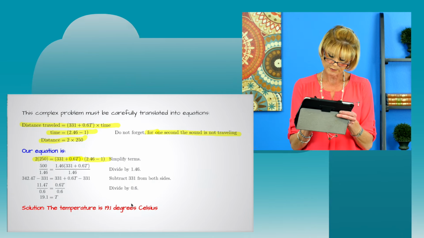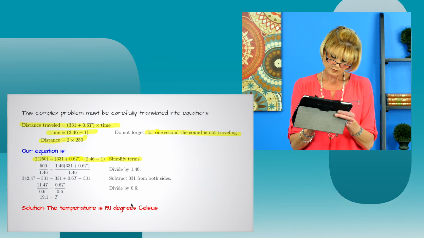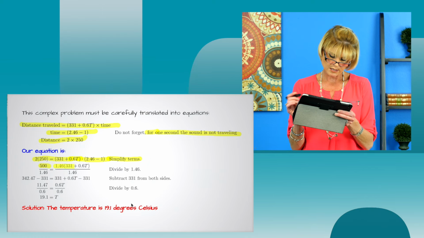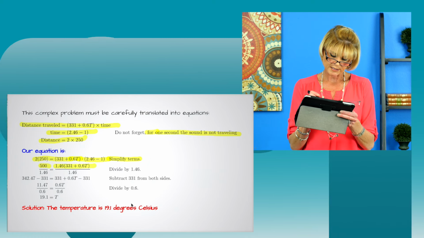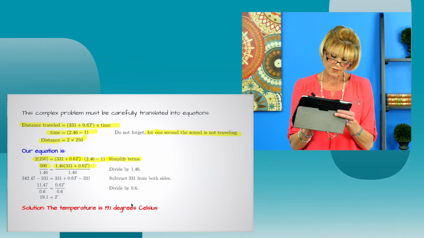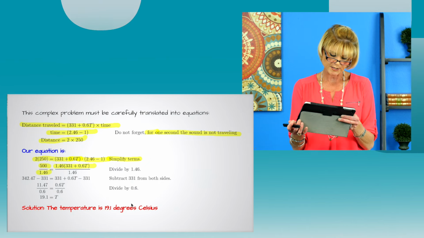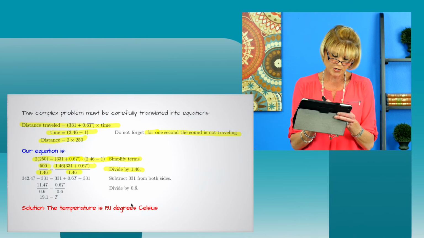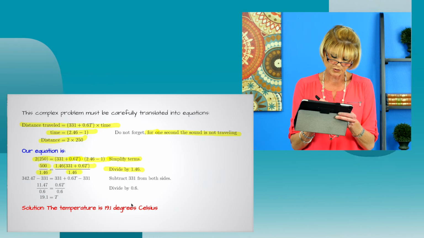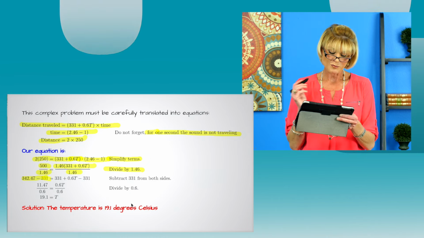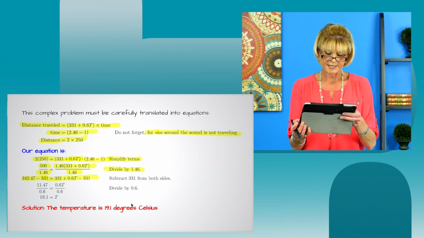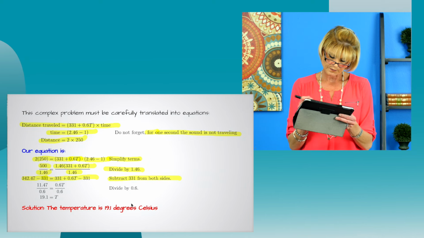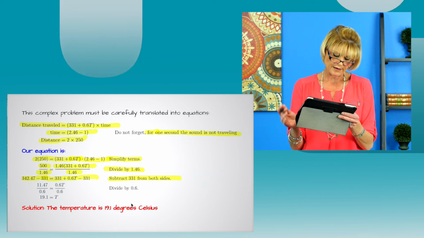Then we simplify our terms, and we get 500 equals 1.46 times (331 plus 0.6T). We divide both sides by 1.46, giving 342.47. Next, 342.47 minus 331 equals 331 plus 0.6T minus 331, where we subtract 331 from both sides, which gives us 11.47.